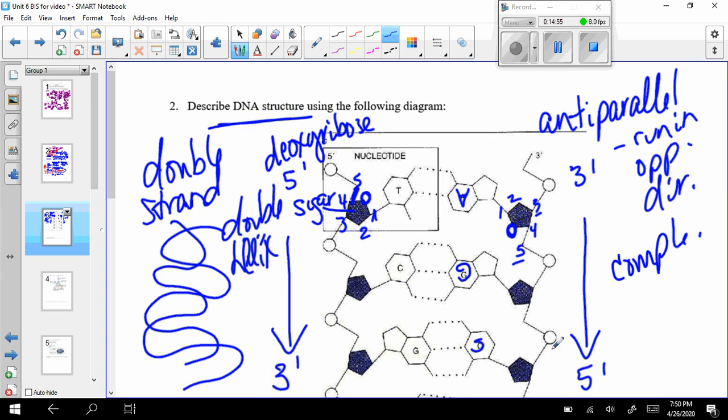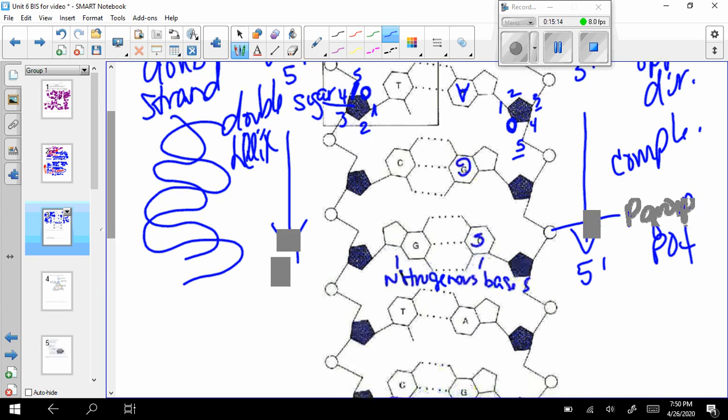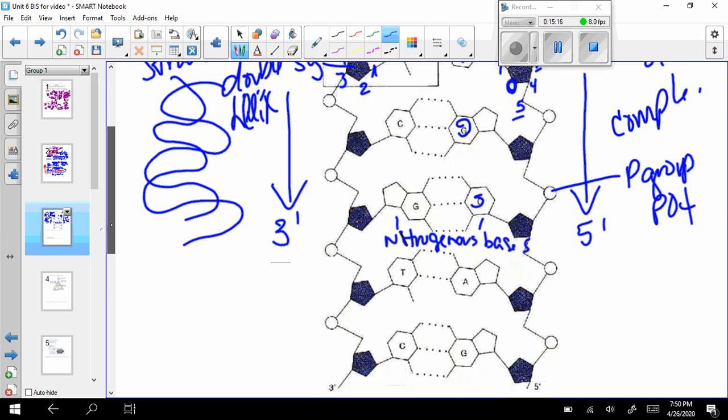These little circles right here are my phosphate group, which is PO4. And in here, these are my nitrogenous bases. There are four kinds of nitrogenous bases, two types.